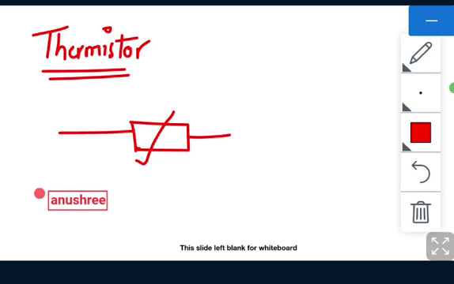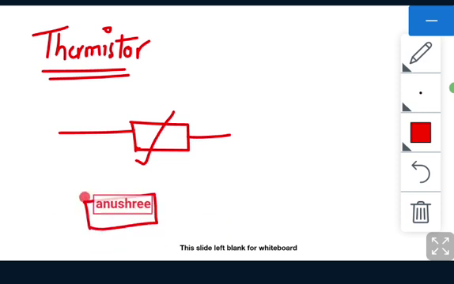Variable resistors are the resistors that change their resistance by sliding the contact over a resistive element, a contact between wiper and a slider. So basically a variable resistor has a slider over it, and if you keep on changing the slider, its resistance changes.